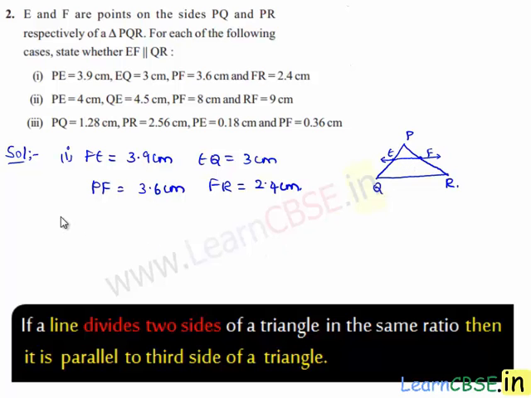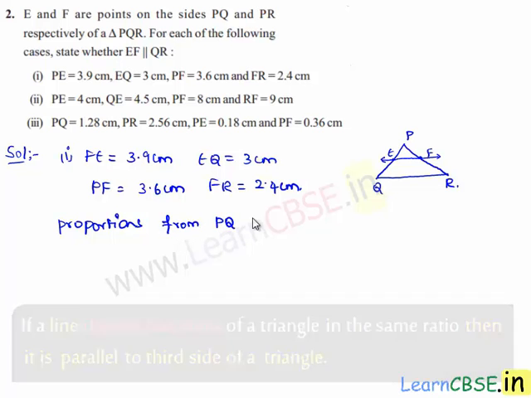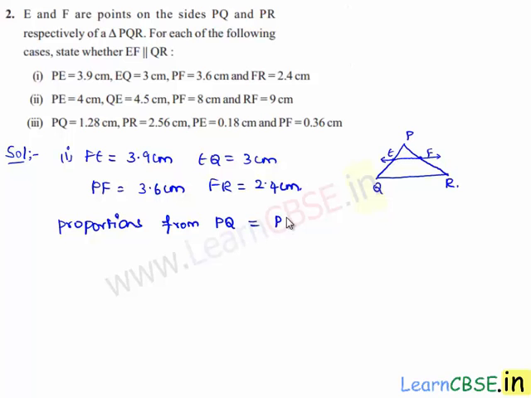So let us take proportions for PQ, that will be PE by EQ, which is equal to 3.9 centimeters by 3 centimeters, which is nothing but 1.3.